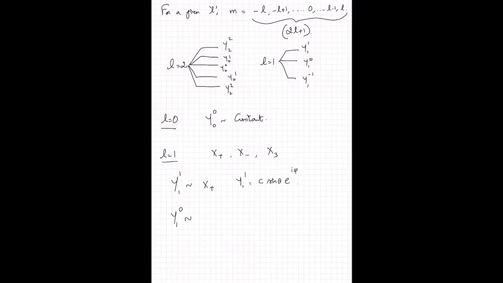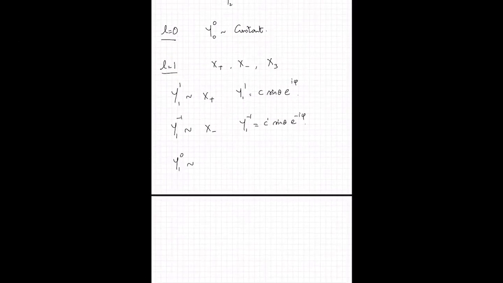So only one of these terms is possible. So it should be x minus. Sorry, not y10, y1 minus 1. And this should be some other constant times sine theta e to the minus I phi.